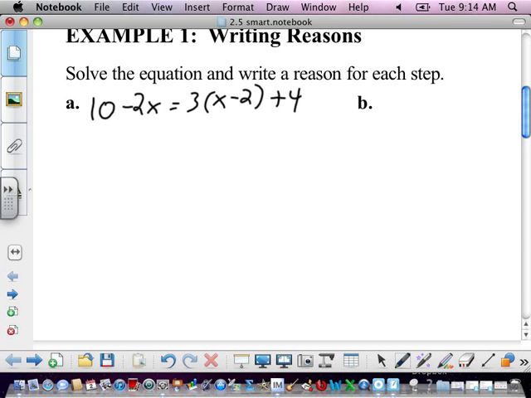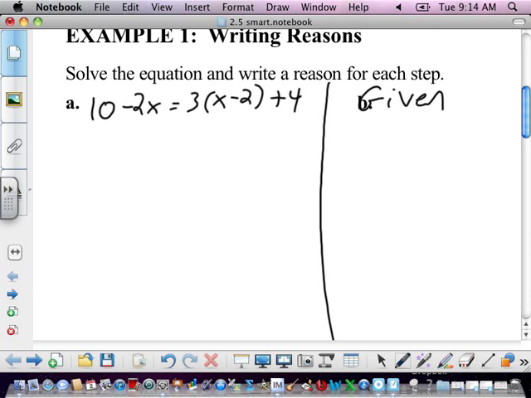Okay? So right here are the steps. On the other side are the reasons. And the first one's called the given. We're given that information. Does that make sense why it's called given? I give you the information. Nod your heads. You're awake.